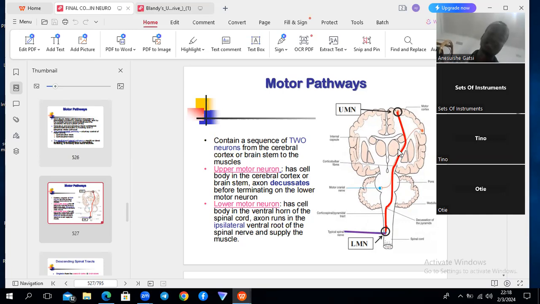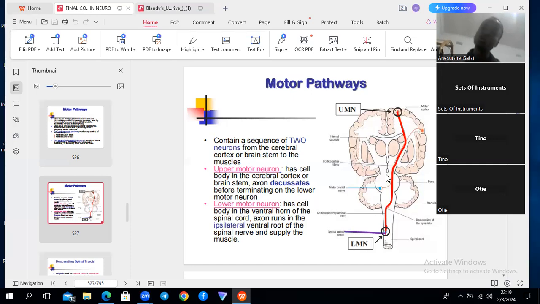But remember, I said the right brain controls the left body, the left brain controls the right body. So a corticospinal tract, for example this one, that is coming from the left, when it gets to the lowest part of the medulla, in the region of the pyramids, it creates something called the decussation of the pyramids, such that it crosses to go to the opposite side.